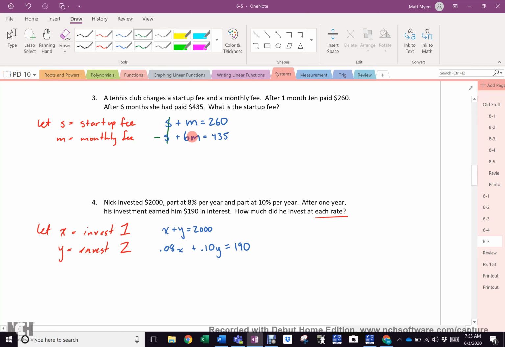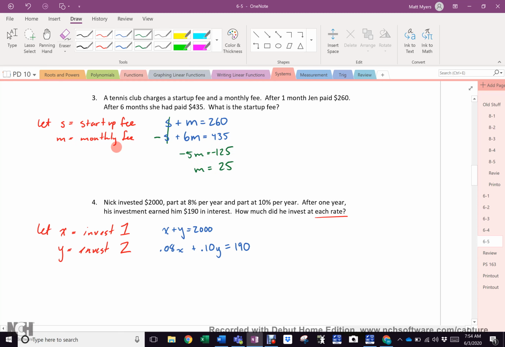M minus 6M is negative 5M equals 260 minus 435, which is 125. So M, my monthly fee, equals $25.